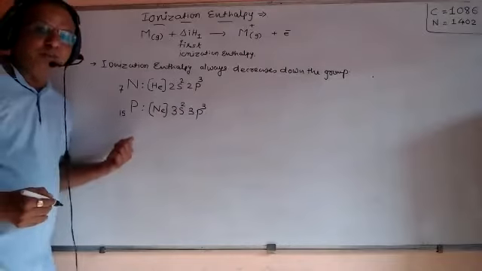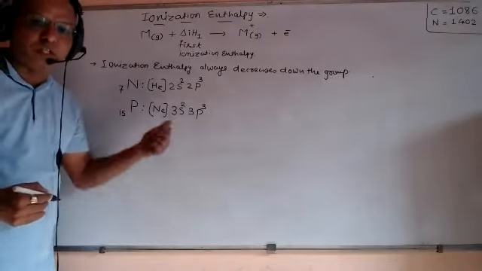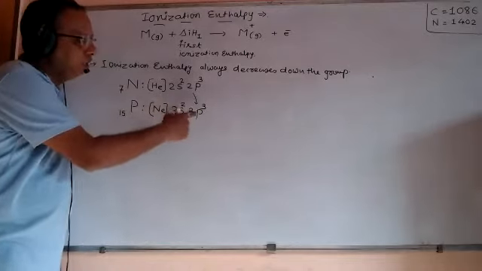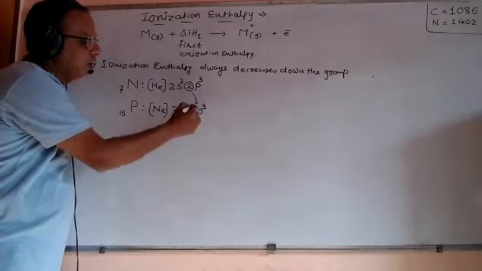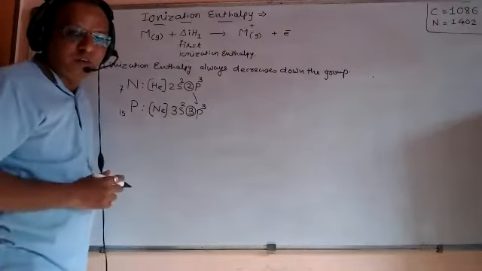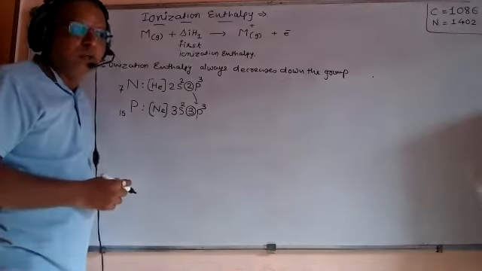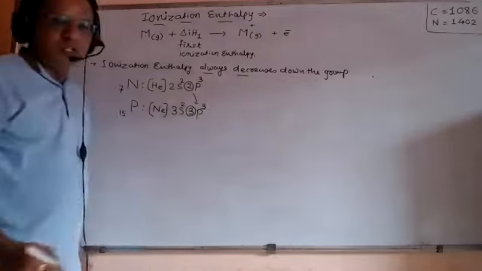In antimony, 5s2 5p3. In bismuth, 6s2 6p3. As we go down the group, the principal quantum number increases, and that's why the last electron is accommodated far away from the nucleus. That's why it is easy to remove the electron down the group, and that's why ionization enthalpy decreases down the group.